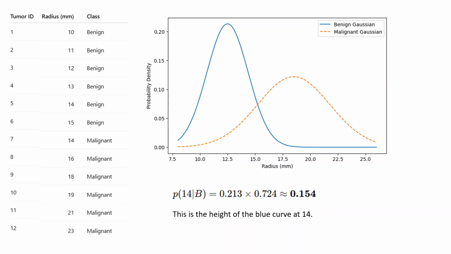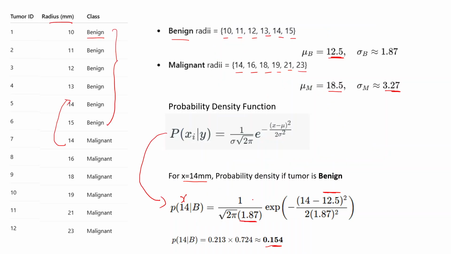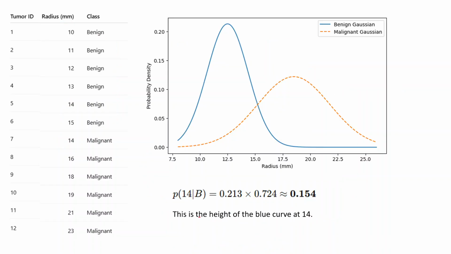Now, the other interpretation is, this value we are getting, 0.154, is almost equivalent to the height of that particular curve. This is the x value, that is the radius. We take the value here, 0.154 may come here, and when we plot it back, it comes around 14.